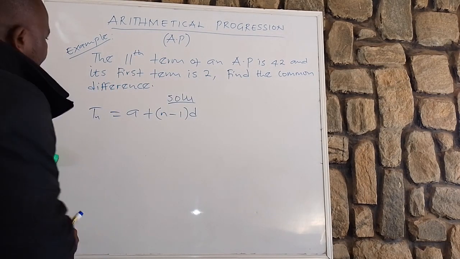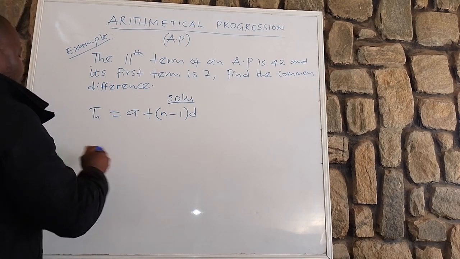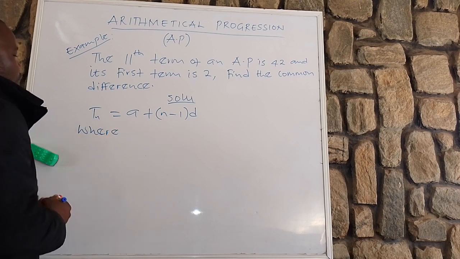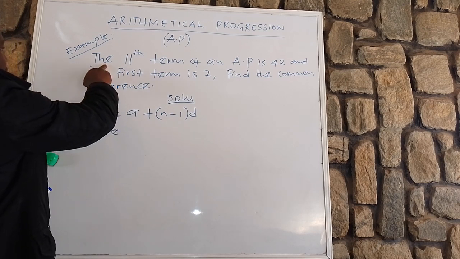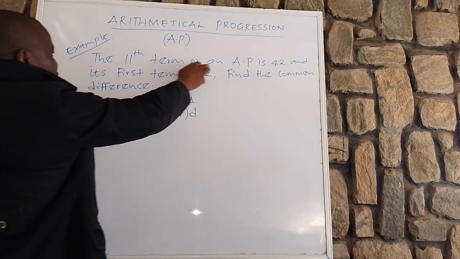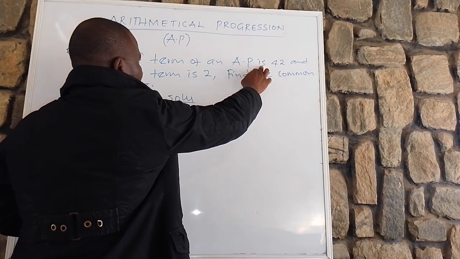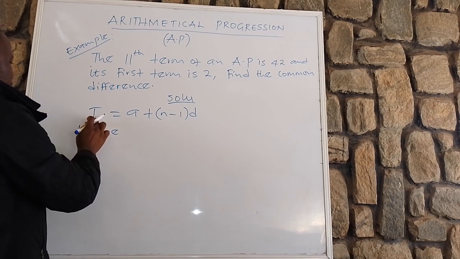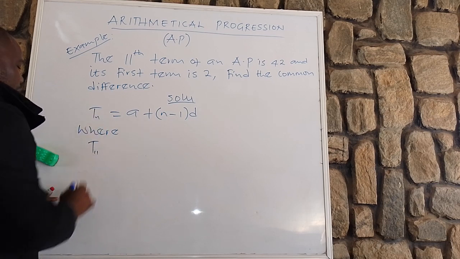Look at the statement: the 11th term of an AP is 42. So this implies that the n here is 11.